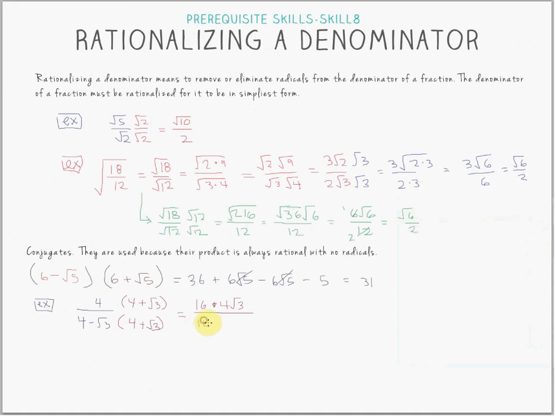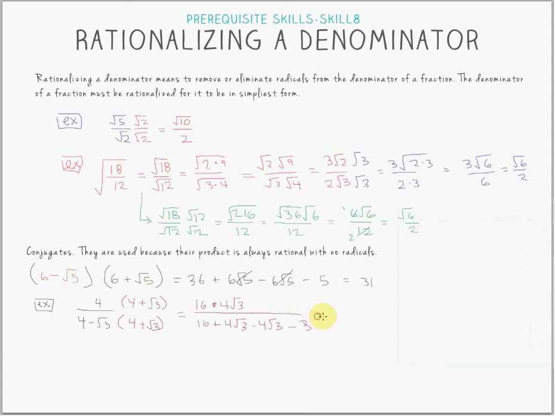So we get 16 plus 4 square roots of 3. And negative 3 times 4, we get negative 4 square roots of 3. And then we multiply the back 2 by each other there, and we get square root of 3 times the square root of 3, which is 3.